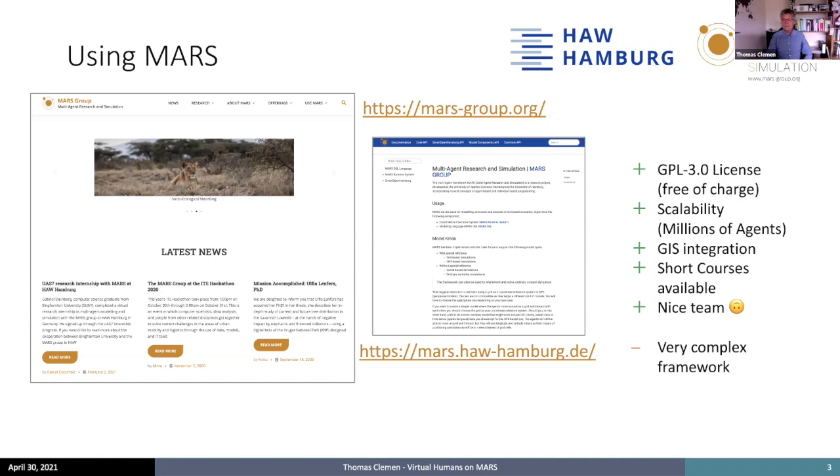Yeah, as Callum said, I'm especially proud of the GIS integration. So it's quite easy to integrate vector and raster data directly from QGIS or from ArcGIS or others. But you know, it's written in C# and all the models are also written in C#.